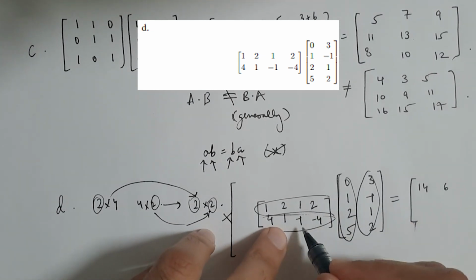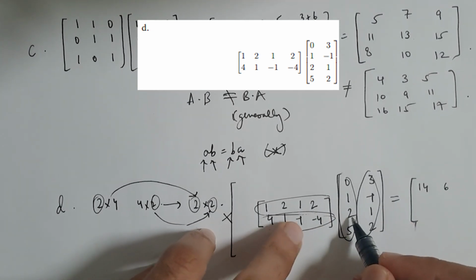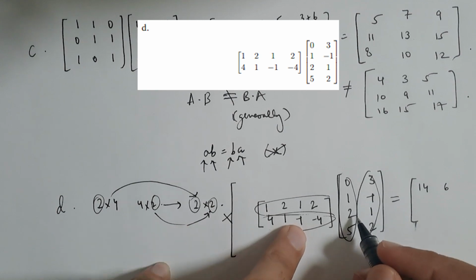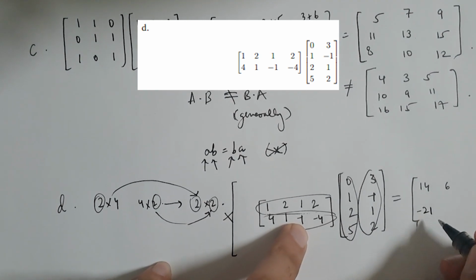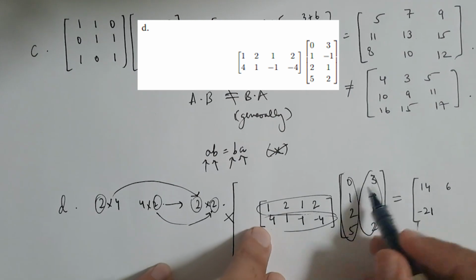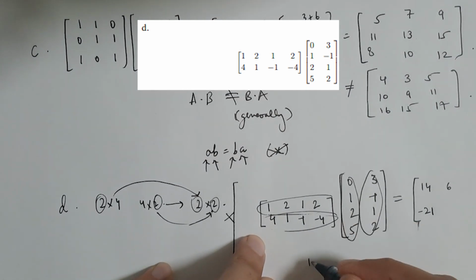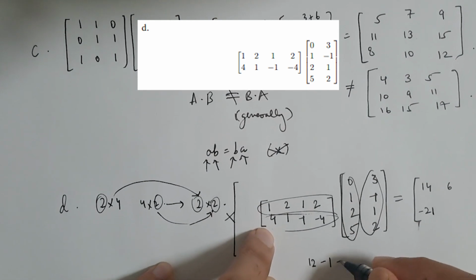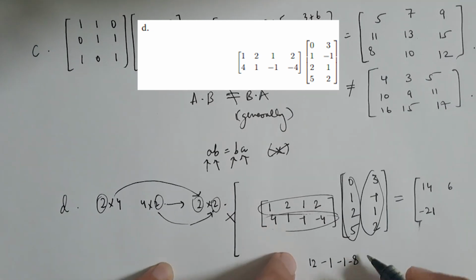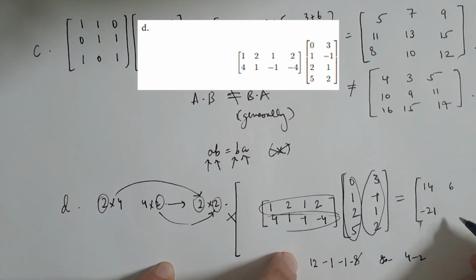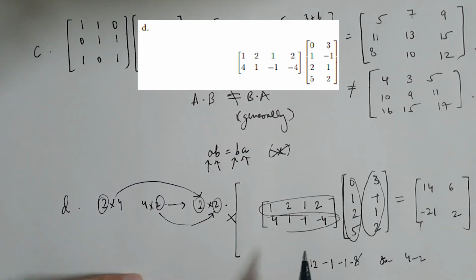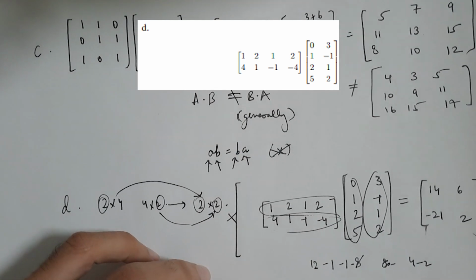This is 0, 1, minus 2, minus 1, minus 1 times, so minus 1 minus 20 is minus 21, and this is 4, 3, 12. Let me do some jottings here so I don't mess the numbers up. So that would be 8, so 4 minus 2, that is just 2. That is the result for D. Right, that was fairly straightforward.